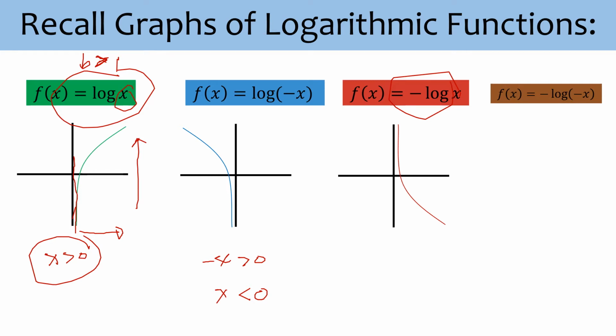But here, as we increase the value of x going to positive infinity, the values of the function go down. Why is that? Because it is going to negative infinity. Remember that we're taking the values of the function here and making them negatives. That's why it goes down to negative infinity.